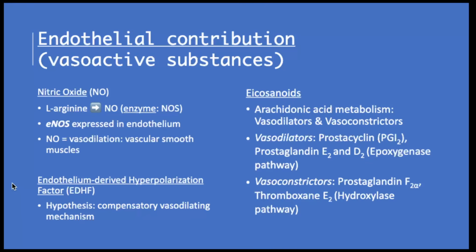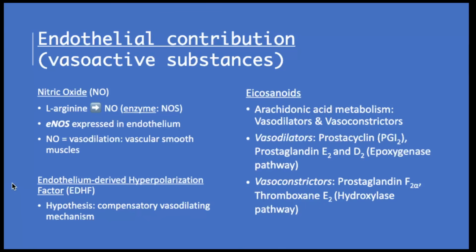And so the endothelium itself, remember this glycocalyx that we were taught about, produces nitric oxide from L-arginine through the actions of nitric oxide synthase. Then nitric oxide will cause vasodilation and vascular smooth muscle dilation.